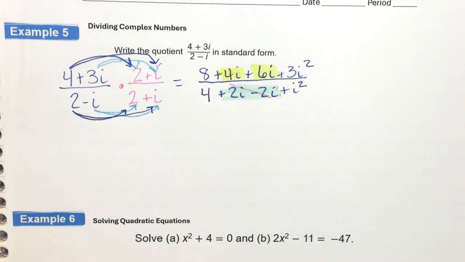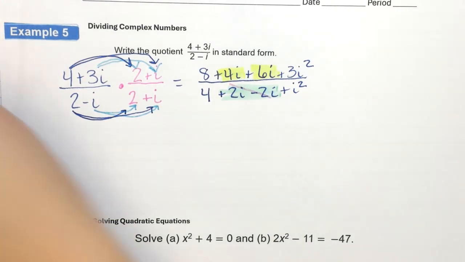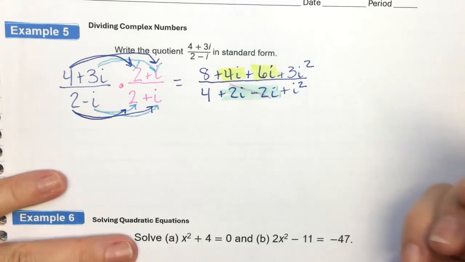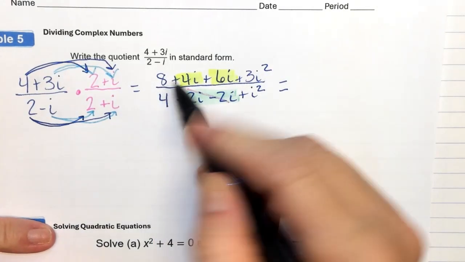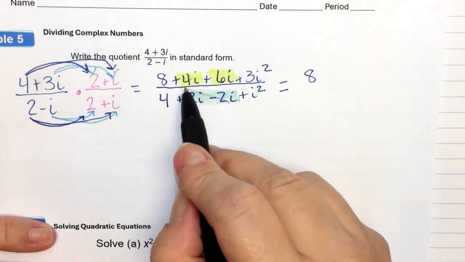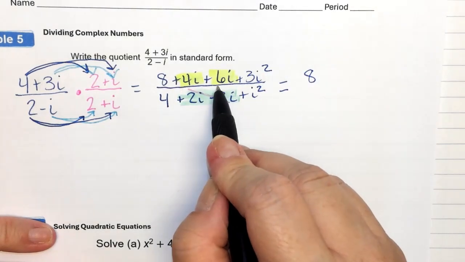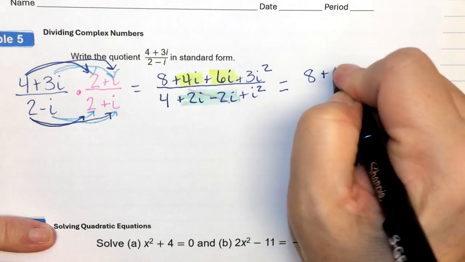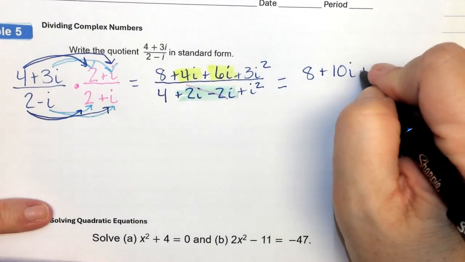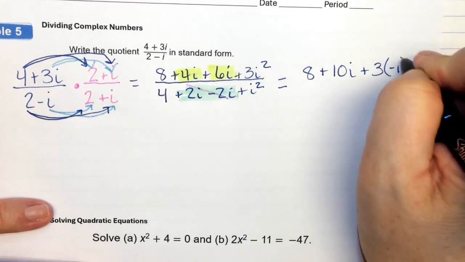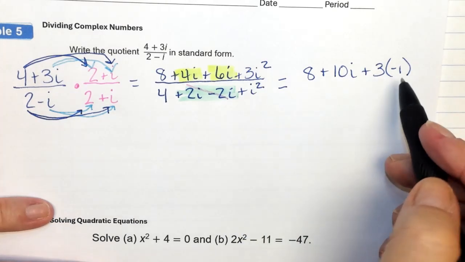If you want to show that they equal 0, whatever you need for your notes. All right. So now I'm going to rewrite this with combining. So I still have an 8. I'm going to add my 4i and 6i together, so I get 10i. And then I have this 3i squared. So I'm going to go ahead and write it as 3 times negative 1, because remember, i squared equals negative 1.